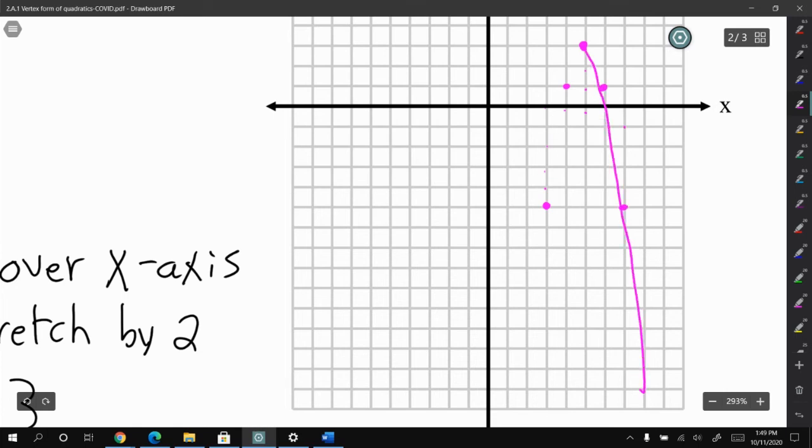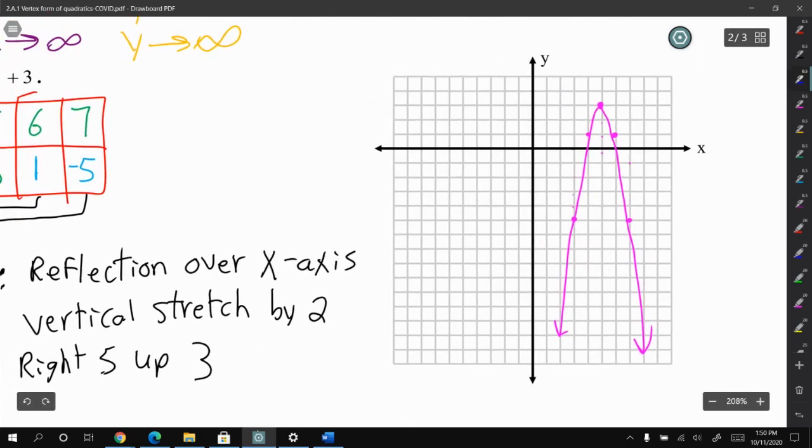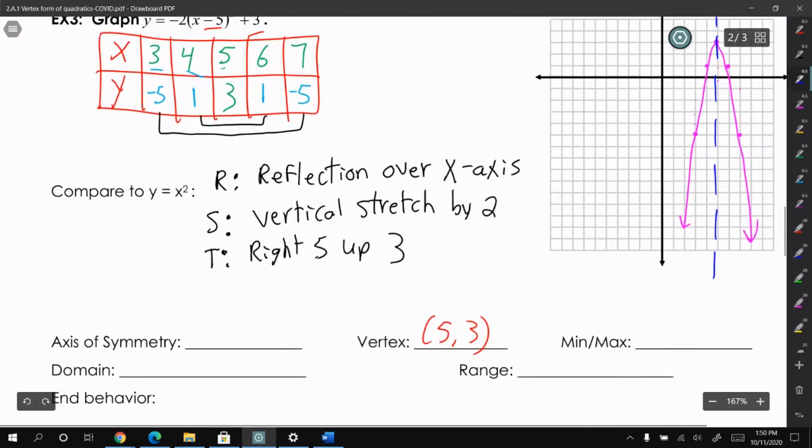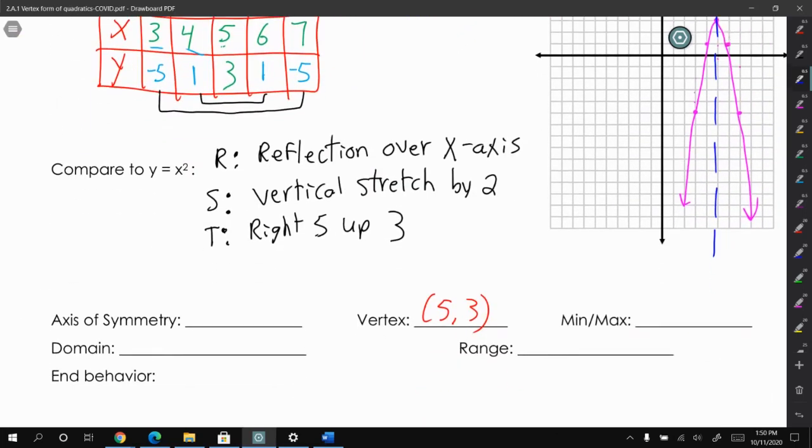So then my graph looks like this. And then my axis of symmetry again goes right through the middle. So my axis of symmetry is going to be x equals 5.